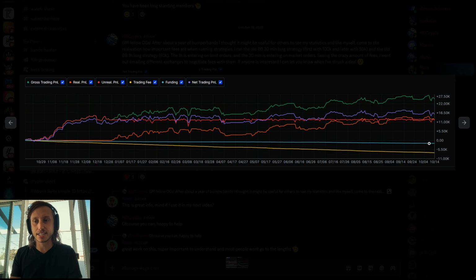The funding fees are not a major factor necessarily, it looks like maybe 1K down, but the trading fees took about negative 7K or even more. The net P&L is 16K, so about 10K of profits was eaten up by the trading fees.